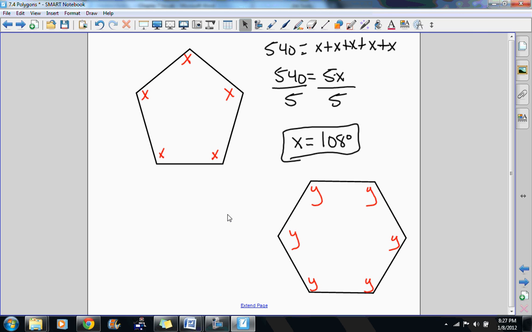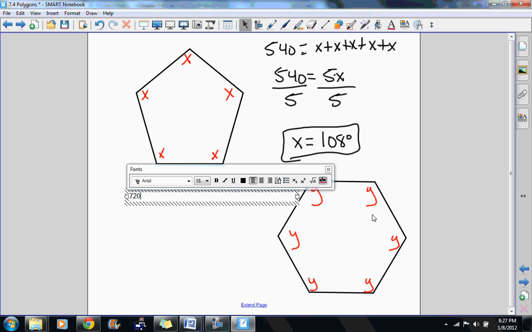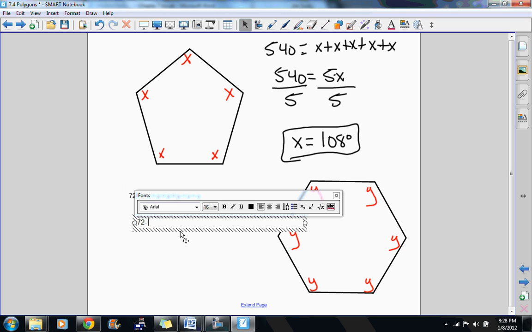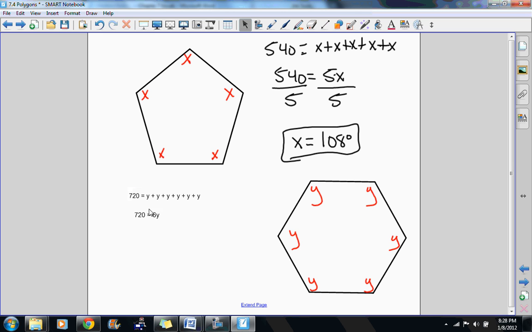So if we had here, we would have 720 is going to be equal to y plus y plus y plus y plus y plus y. Therefore, we would go down here and we would say that 720 is equal to 6 times y. Therefore, I'm going to have to divide by 6 on both sides. This is going to be really difficult with a mouse. There we go.